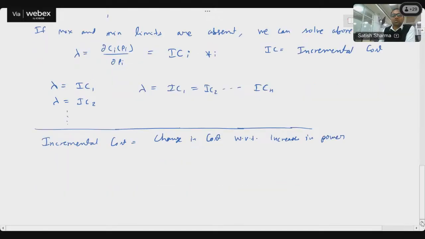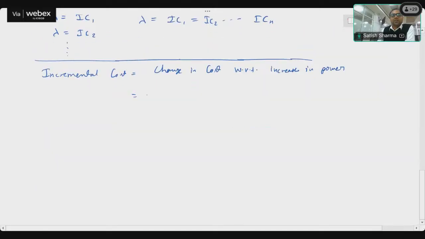That is, delta cost divided by increase in power, and this is basically called price, whose unit is, let's say, dollars per megawatt hour. So this gives you the price, and in this particular case I generally call it the system price as well.